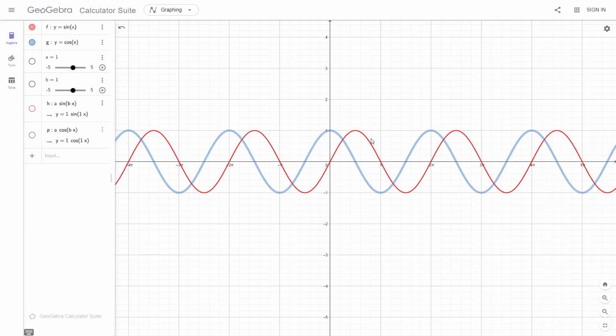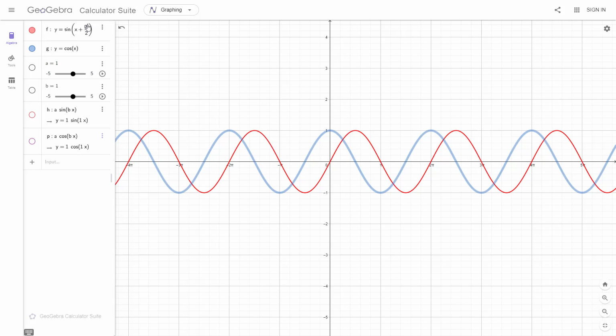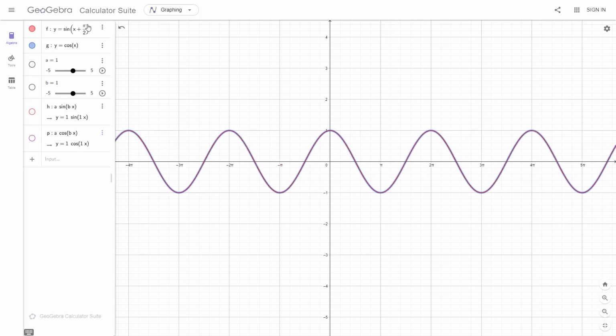Now, what would happen if I shifted the sine function to the left by pi over 2? That is the same as adding pi over 2 to the argument of the sine function. That's going to be sine of x plus pi divided by 2, and look what happens. They overlap. So that's what happens when I shift it by pi over 2.